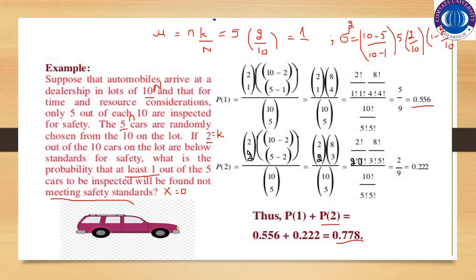On simplifying this, you will get the variance of the hypergeometric distribution for this particular example.